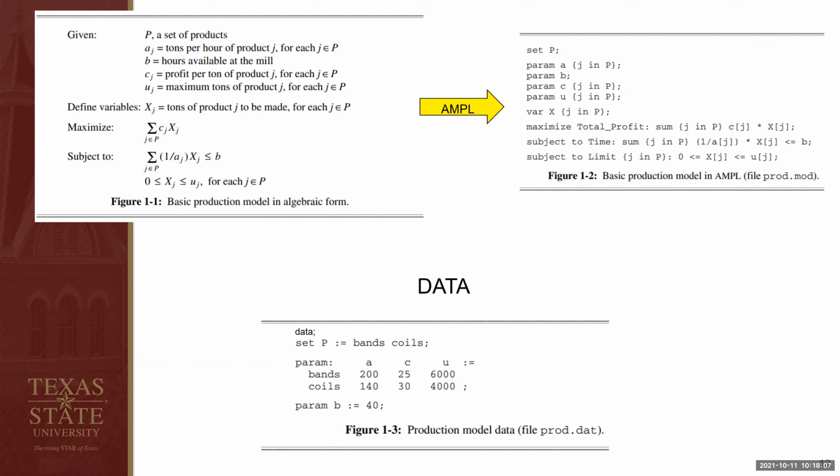And then for each one of the set members, we are going to define the parameters. Parameter A for bands is 200, parameter C for bands is 25, and parameter U for bands is 6,000. For coils, parameter A is 140, parameter C is 30, and parameter U is 4,000.